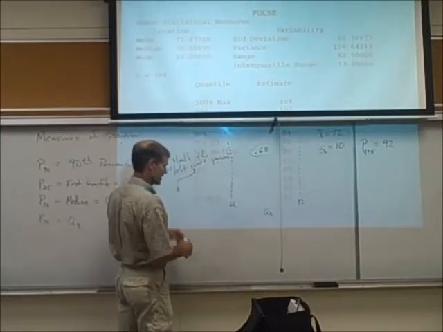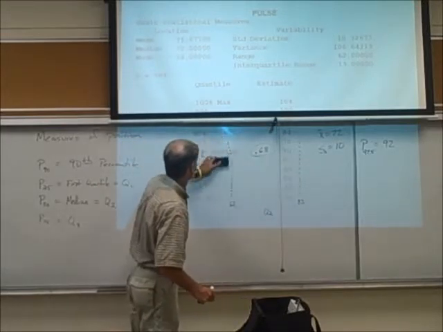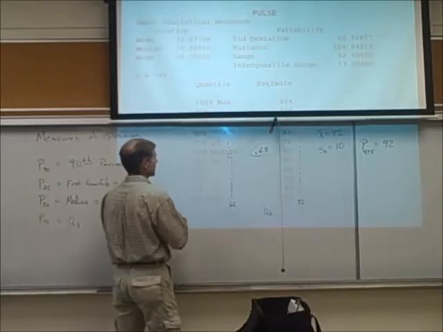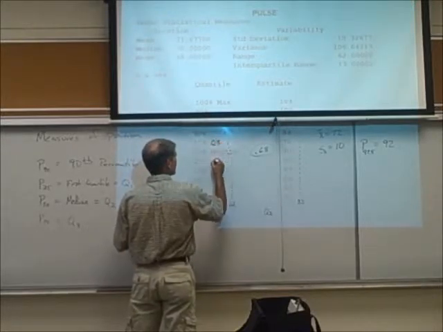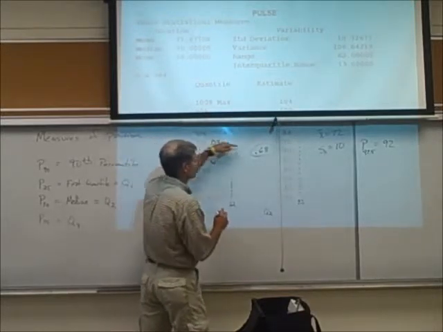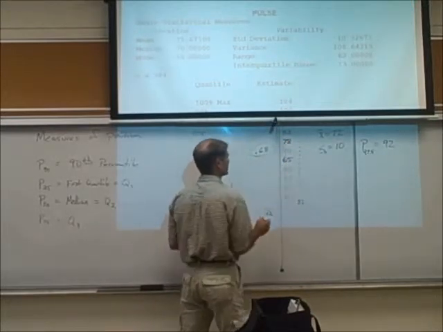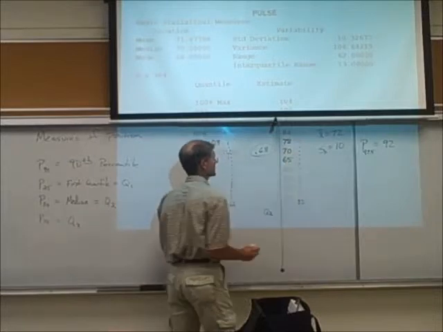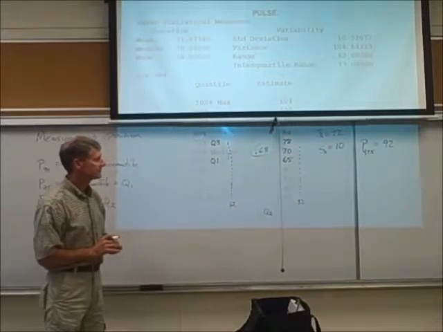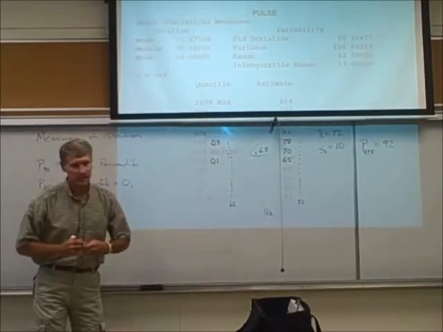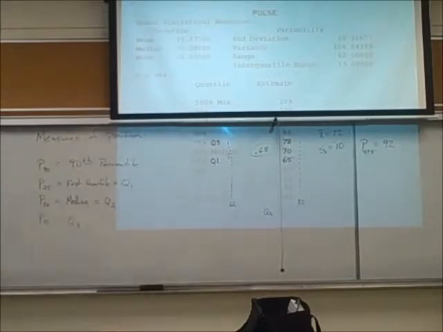78. It's kind of hard to read. I got to do some erasing here. But there's Q3, there's Q1. So over here is 78 and 65. And the median was 70. Okay? So let me go back to the picture.